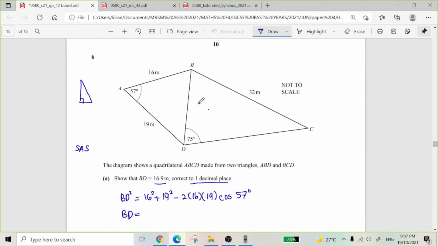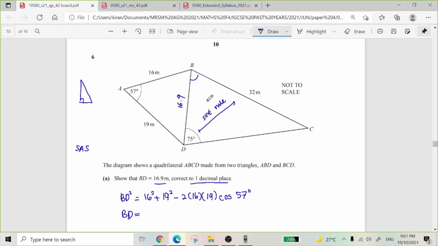Okay. Next is B. Calculate the angle CBD. Okay, CBD kat sini. Okay, so sekarang ni kalau tengok kita ada satu pasangan which is angle and its opposite length. Maknanya bila ada pasangan ni kita boleh guna sine rule. Okay, so now kita kat sini dah ada 16.9.